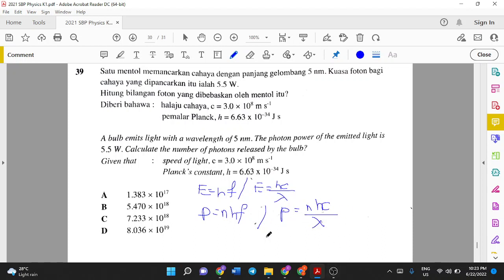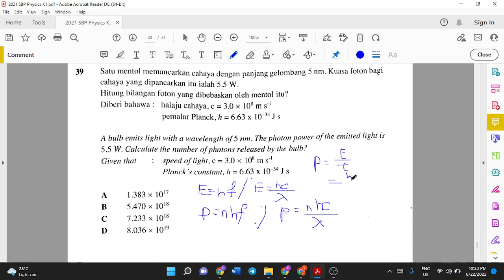How is this power equation derived from E? We know that power equals E over t, energy per second, the rate of change of energy.